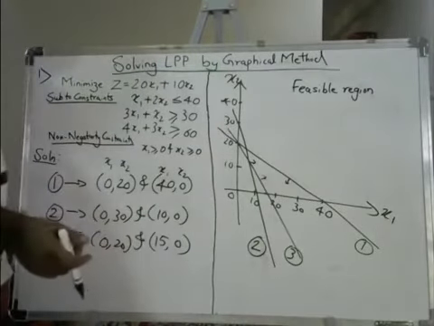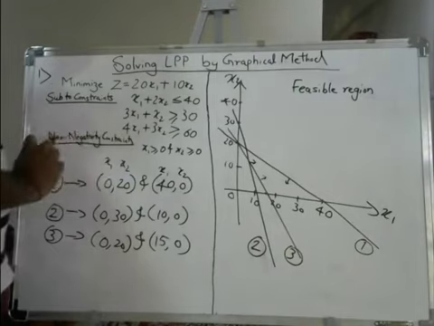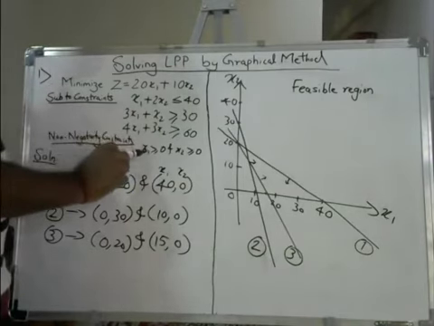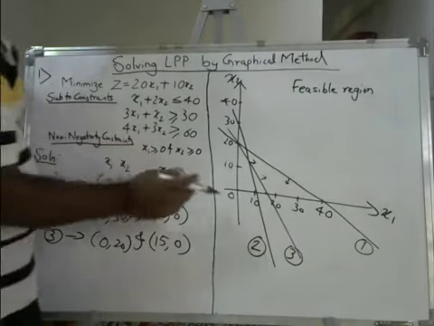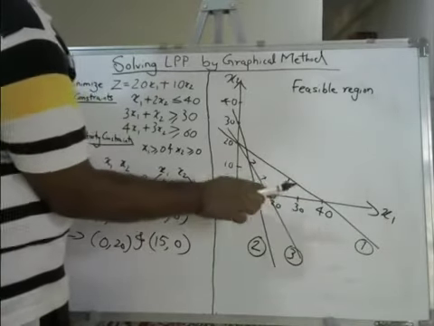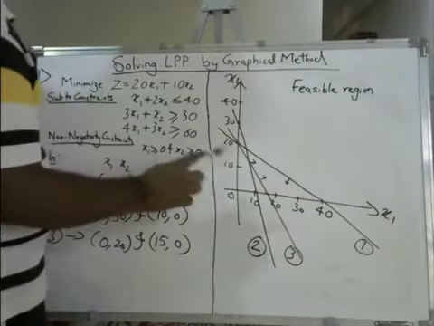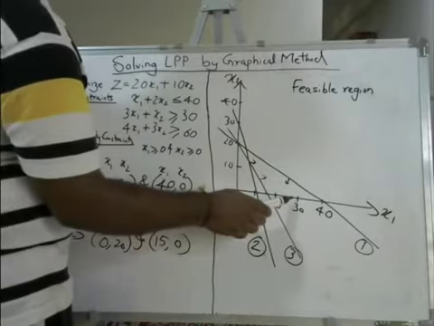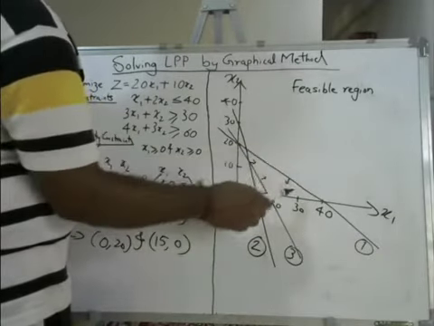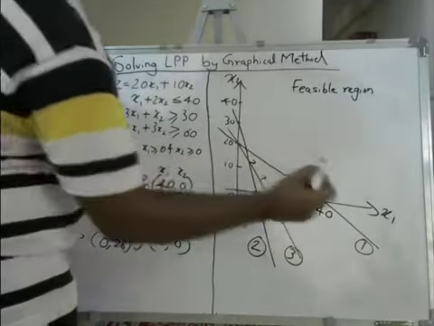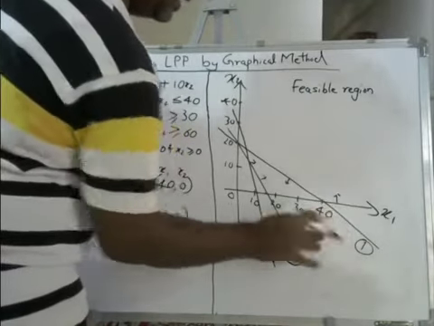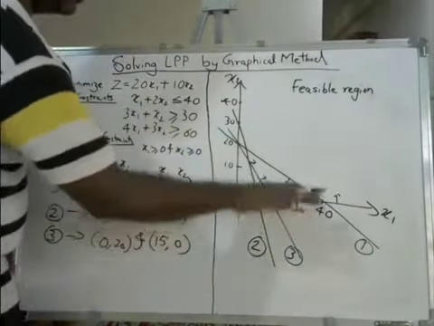Because see here, one thing you have to say, non-negativity constraint. X1 is always greater than or equal to 0, which means, according to the non-negativity constraint, the feasible region lies in this region only, above. So for X1, it is above. The feasible region will not lie below X1.